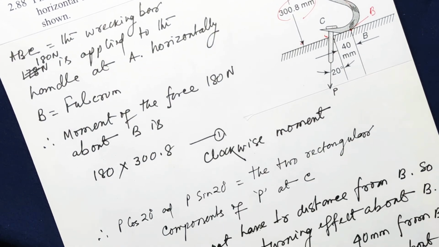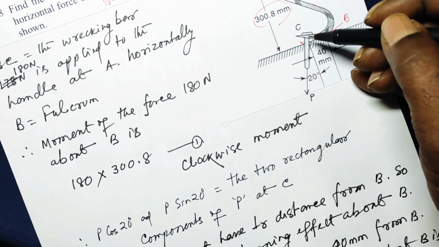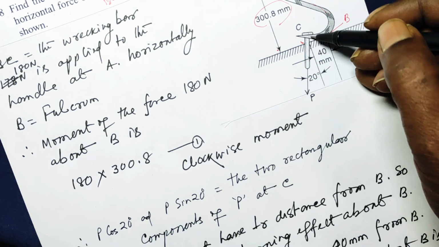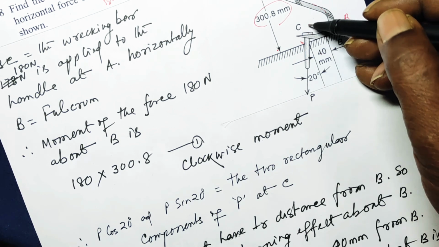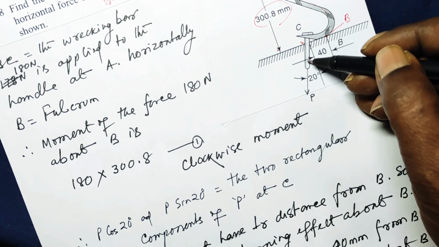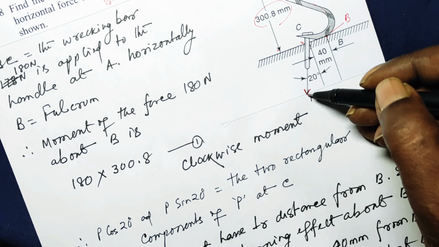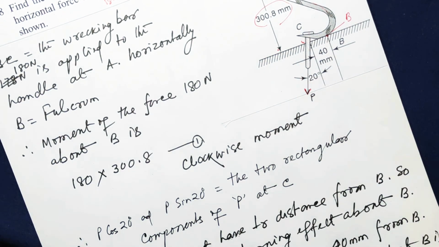Now look, now it is interesting. When this part of the raking bar is pulling it up, an equal and opposite force, that is the pulling force, I have shown it this way. It is given this angle as 20 degree.